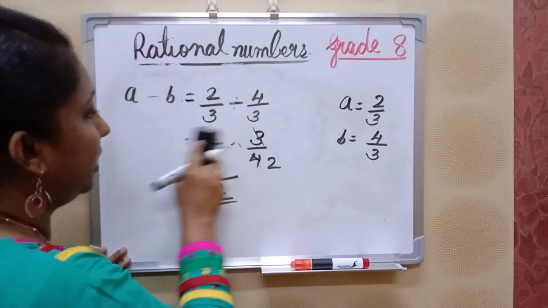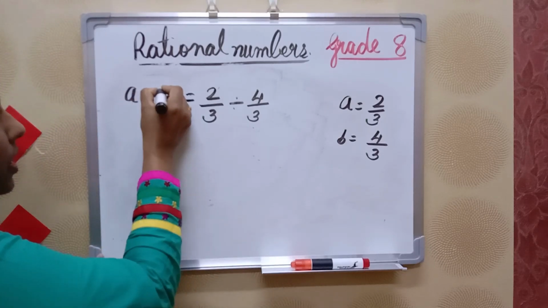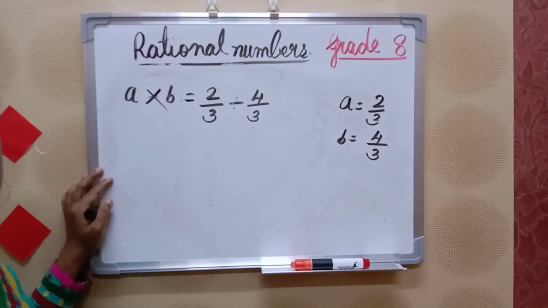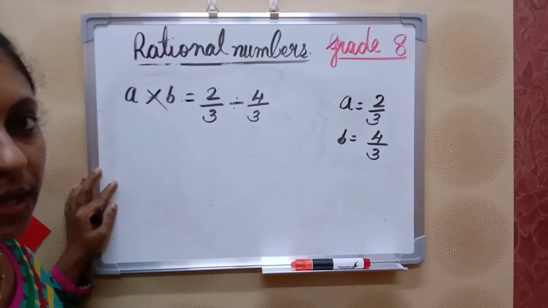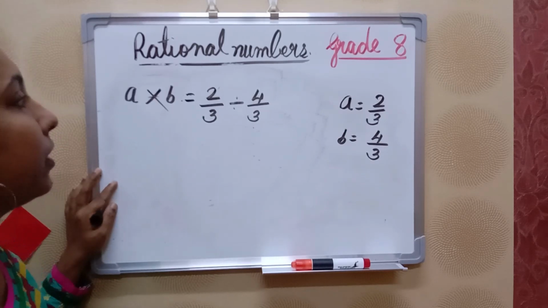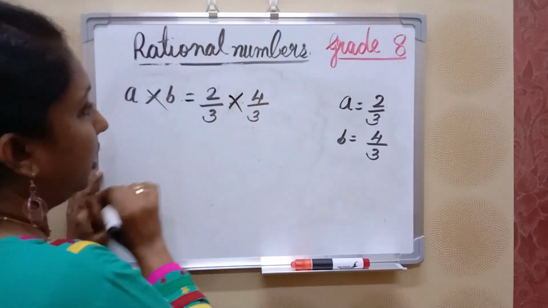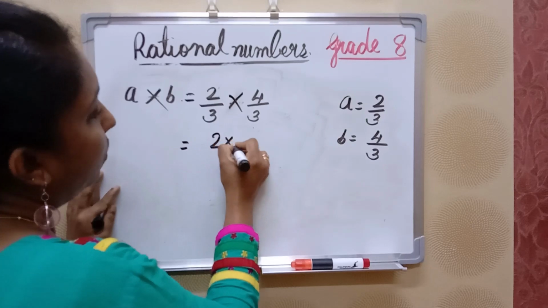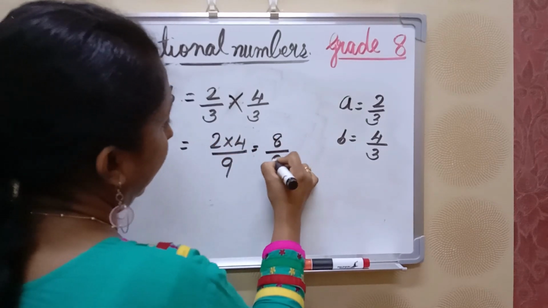Now, multiplication. You can check multiplication, whether it is true or not. a into b is also a rational number, that we can check now. a into b, 2 by 3 into 4 by 3. 2 into 4 by 9, 8 by 9.